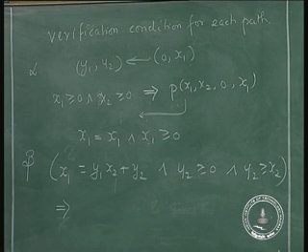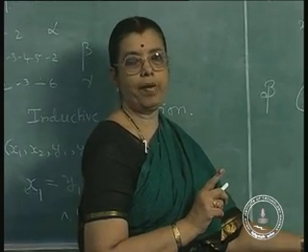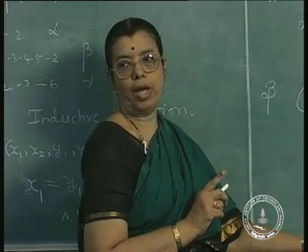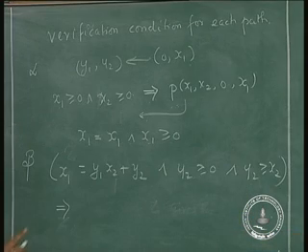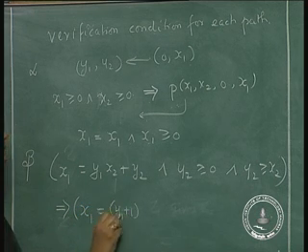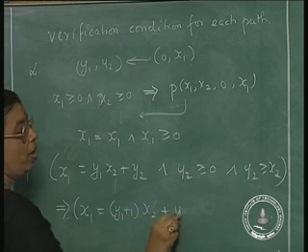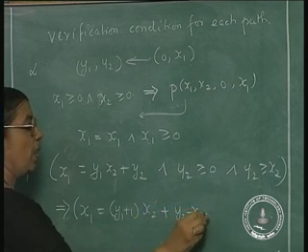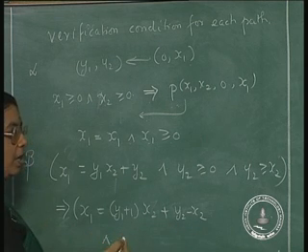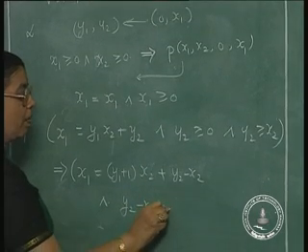The second time the control reaches B, what will be the inductive assertion? The values of y1 and y2 will be changed to the new values y1 plus 1 and y2 minus x2. So, the new value should be x1 is equal to, now y1 is changed to y1 plus 1, times x2, plus the new value of y2, which is y2 minus x2, and y2 minus x2 is greater than or equal to 0.